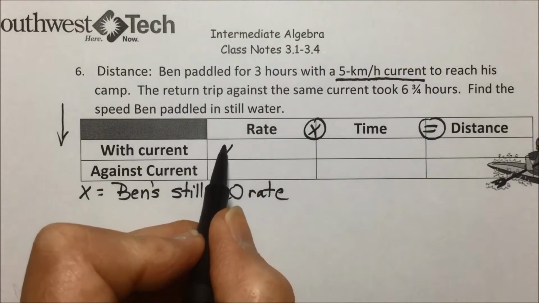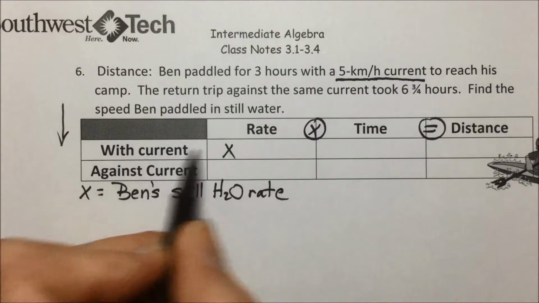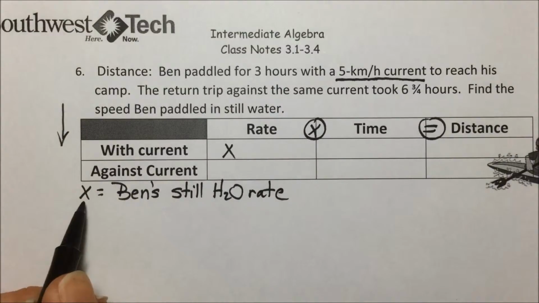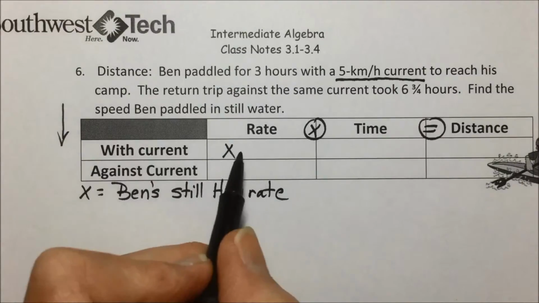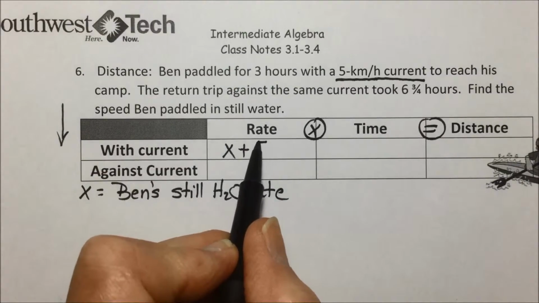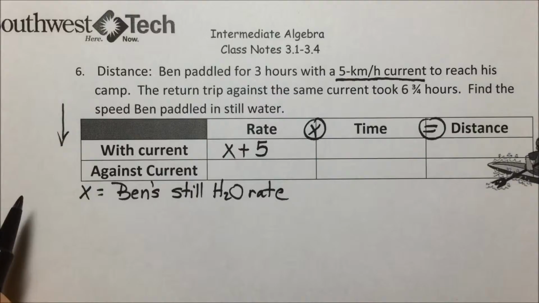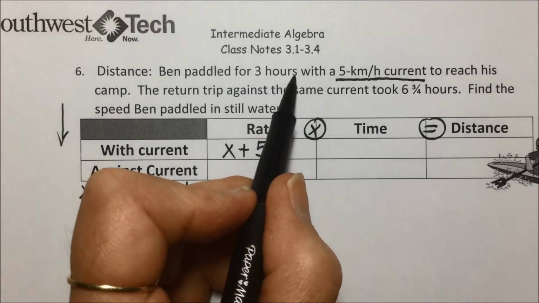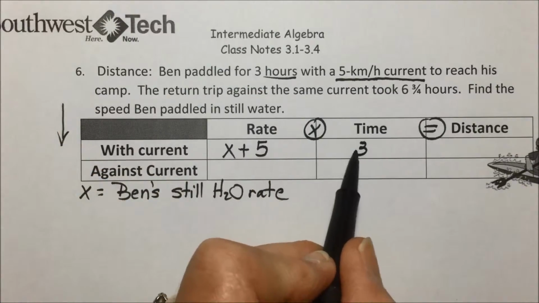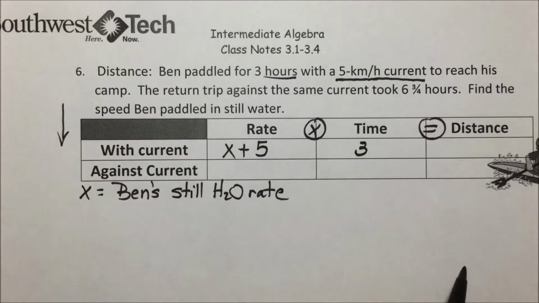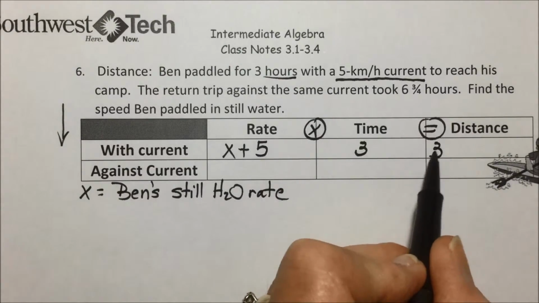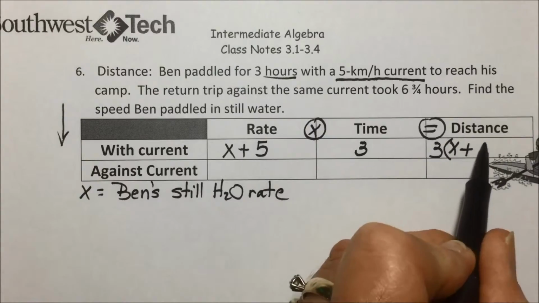So his rate with the current will be his still water rate on the lake, but because he's going with the current, it will actually make him go faster. They will combine, and it tells us that it took him 3 hours.